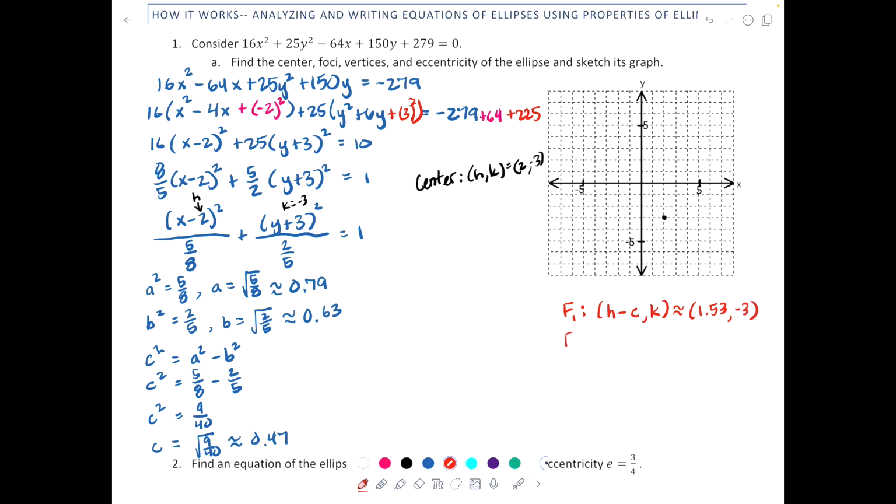And then our second focus will be H plus C comma K, which is approximately H, which is 2, plus 0.47. So 2.47, comma, -3. Good so far? Excellent.